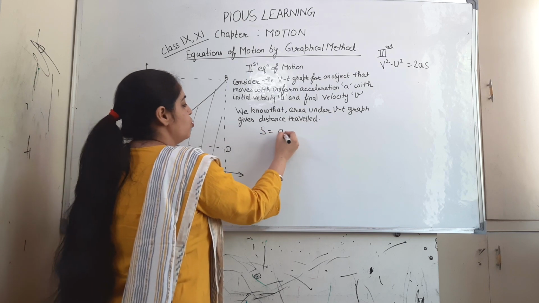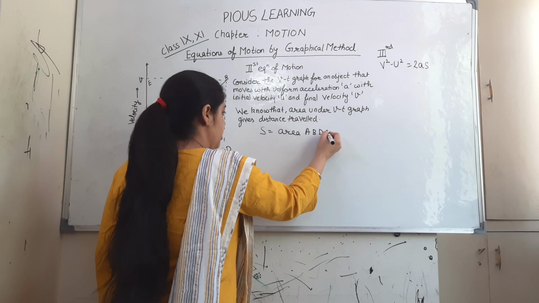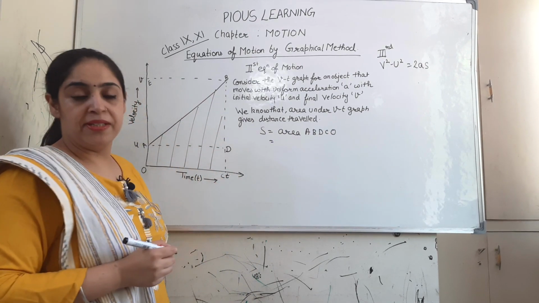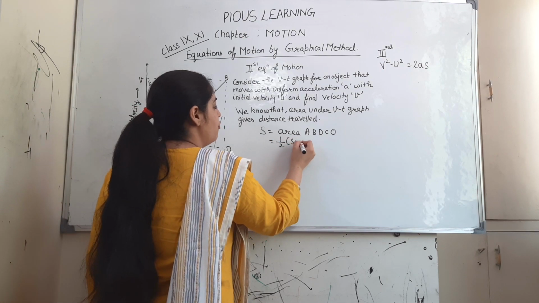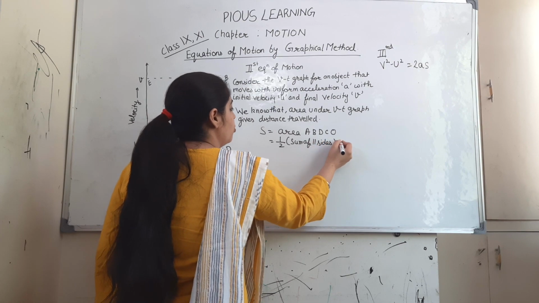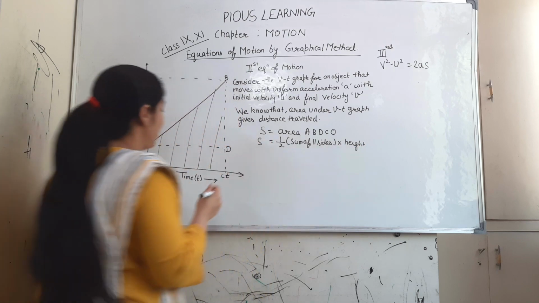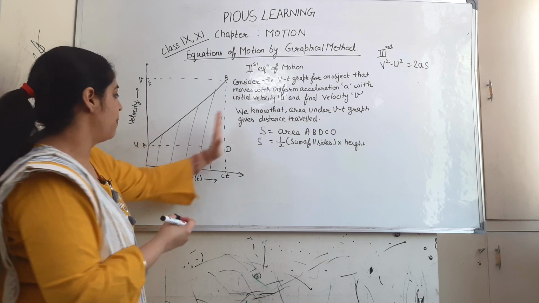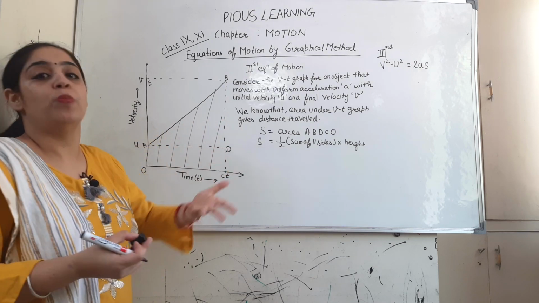S is equal to area ABDCO. This is nothing but a trapezium, and area of a trapezium is half into sum of parallel sides into height. सब्सटीट्यूशन करिए सारी चीजों के लिए. पैरेलल साइड कौन सी है? OA और CB. These two are parallel sides and this is the height or the perpendicular distance between the two parallel sides.